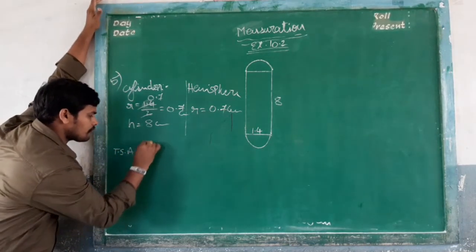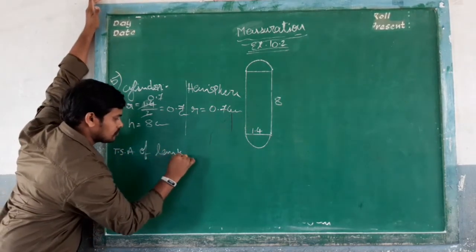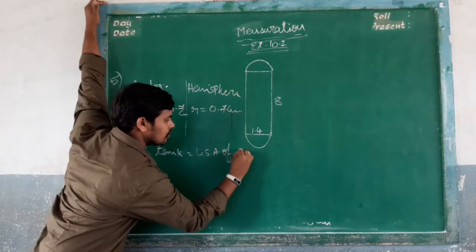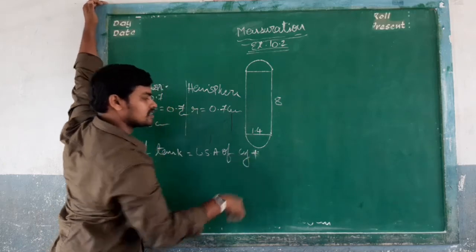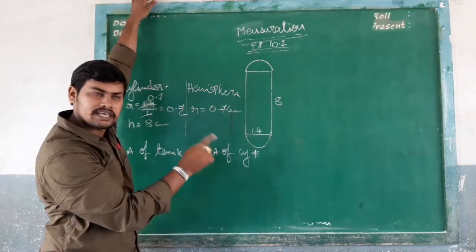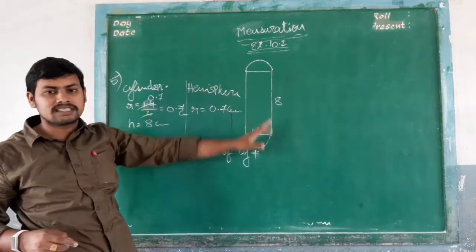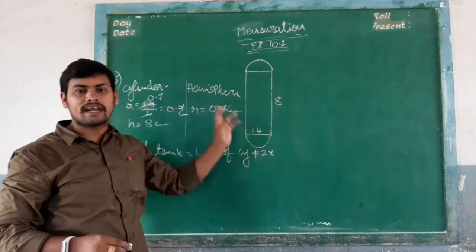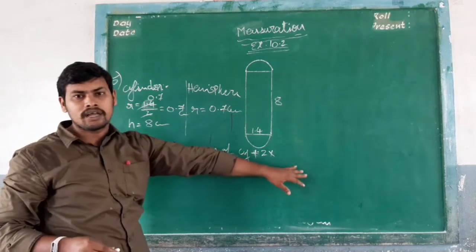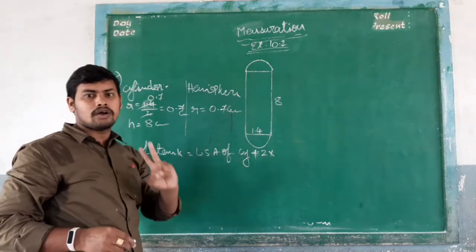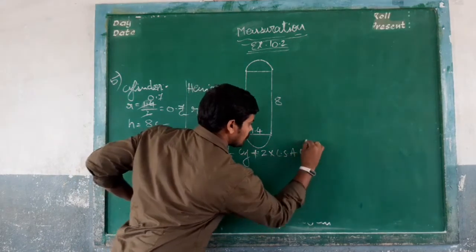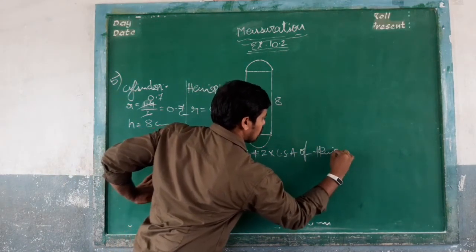Total surface area of tank equals lateral surface area of cylinder plus 2 times the lateral surface area of the hemisphere, since both hemispheres have the same lateral surface area.